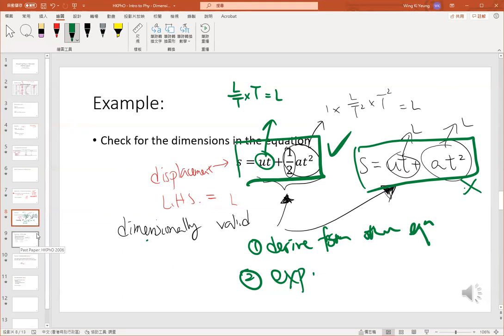And I encountered one case in an exam, I mean, in the exam in university. The question was to prove one formula, and I couldn't prove it after let's say 10 or 15 minutes, and then I checked the dimension. The dimension on the left hand side was not equal to the dimension on the right hand side.